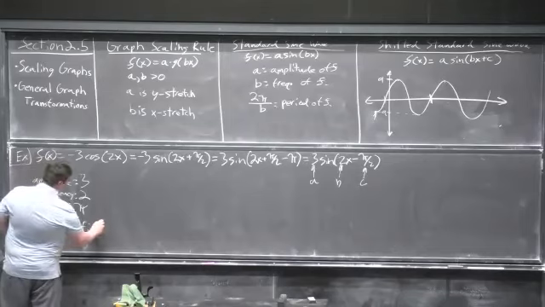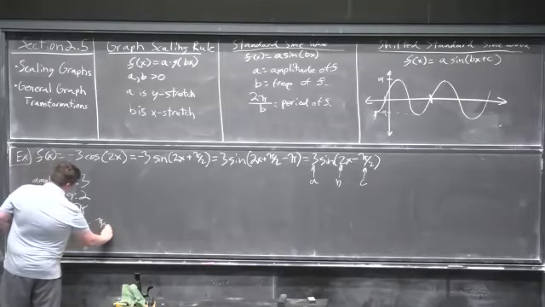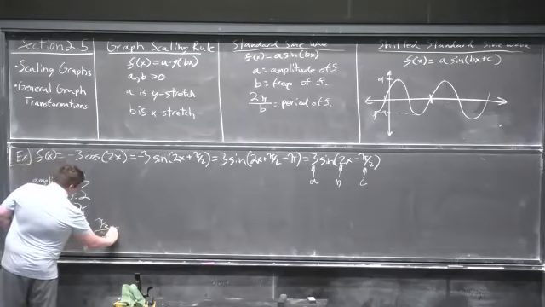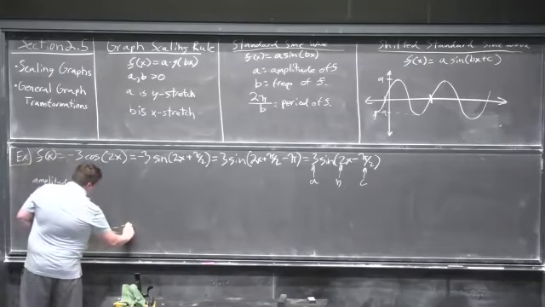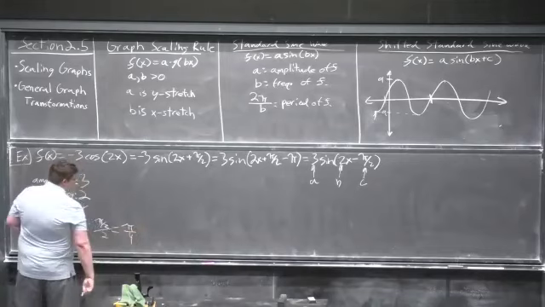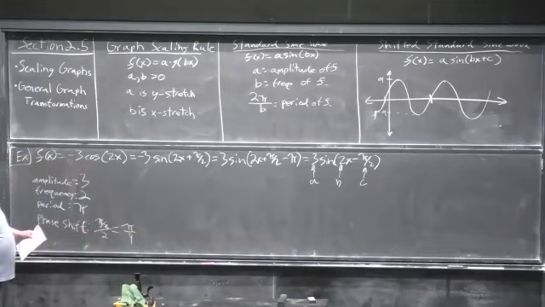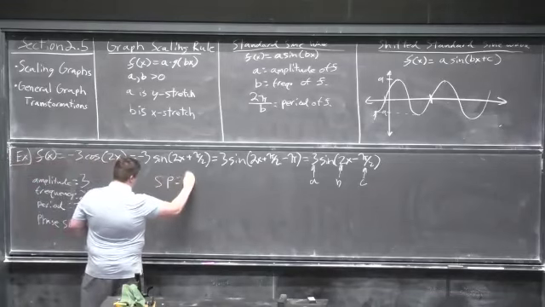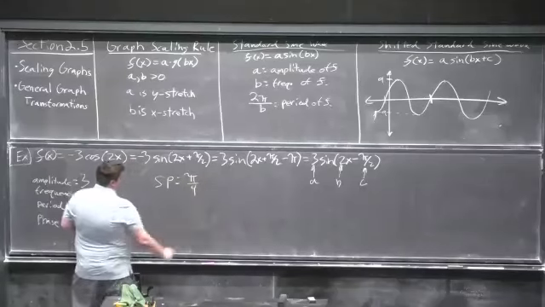So I have pi over 2 divided by my b, which is 2. So my phase shift is pi over 4. Okay, now for my starting point, it will be pi over 4.